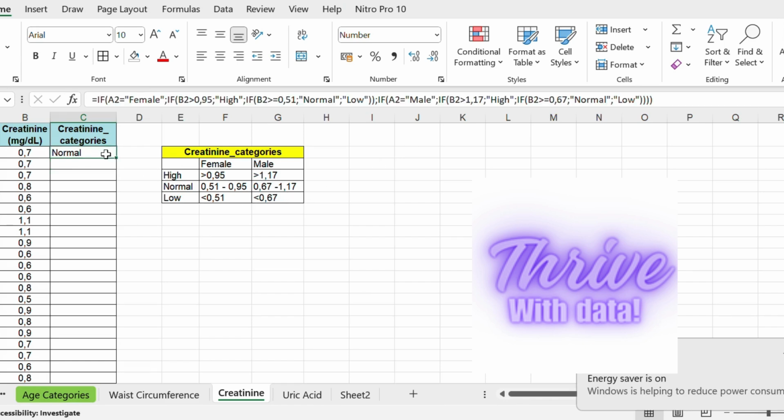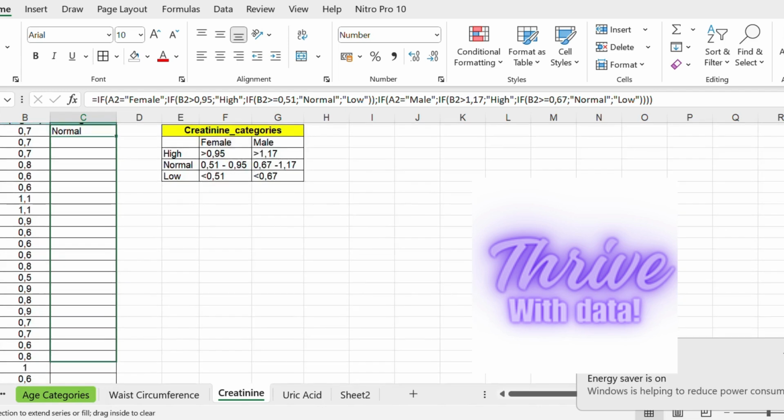This formula instantly checks gender in column A and creatinine levels in column B, then assigns the correct category. Boom! No manual work needed.